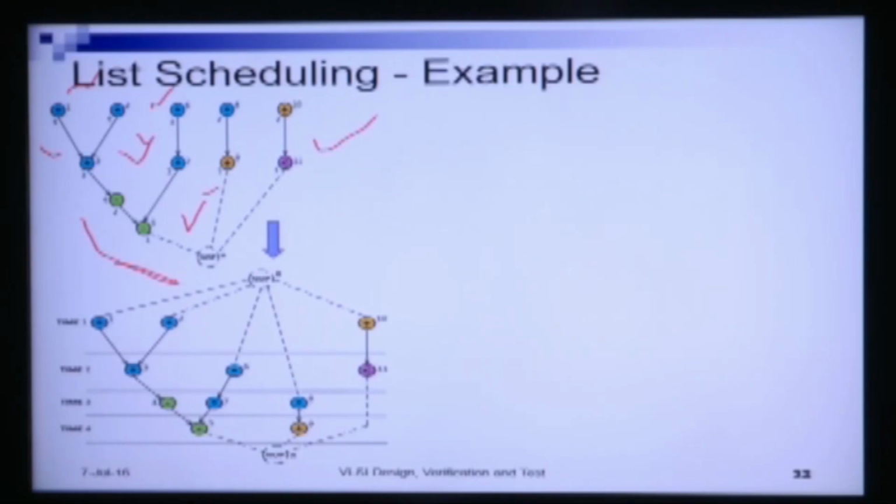This is how we have obtained a priority labeling of all nodes in the operation constraints graph. Now, here we again assume that we have 2 multipliers, A1 equals 2 multipliers, and A2 equals 2 ALUs that are available to me.